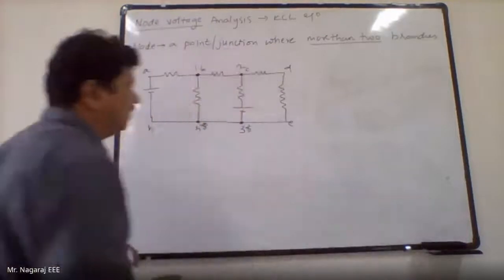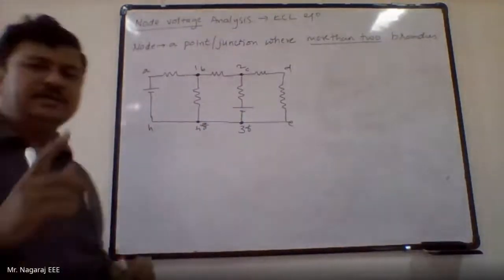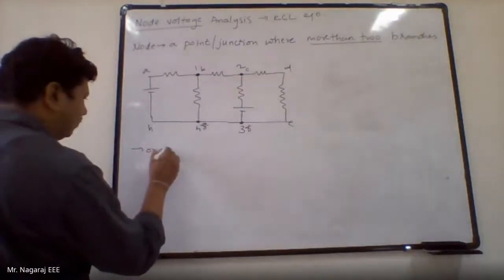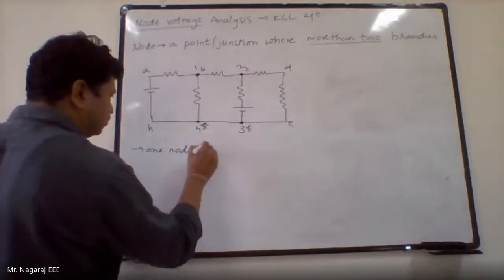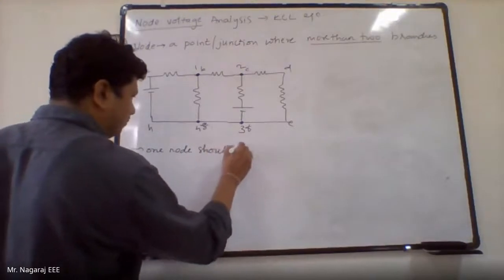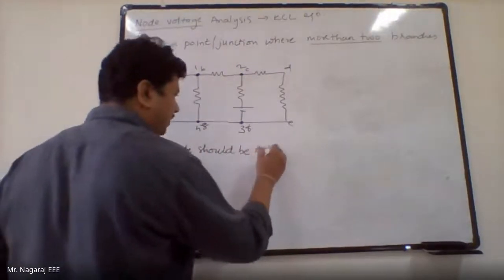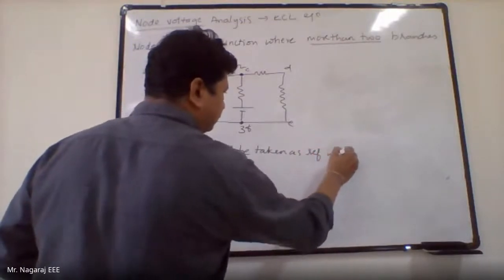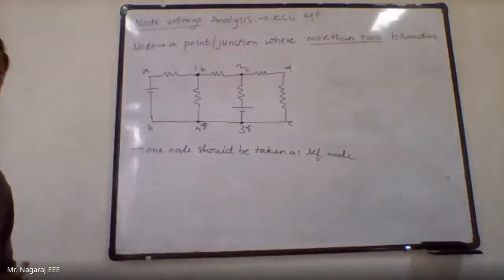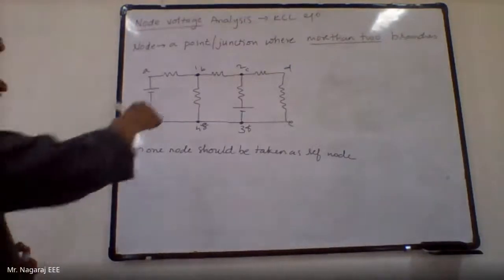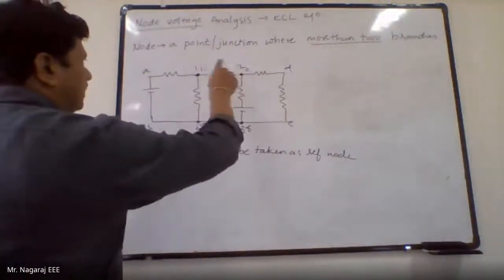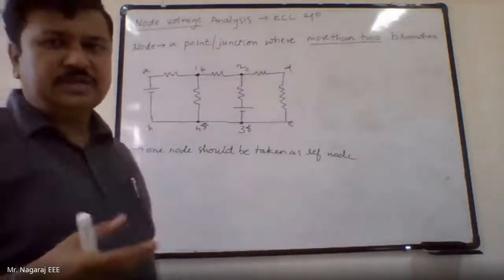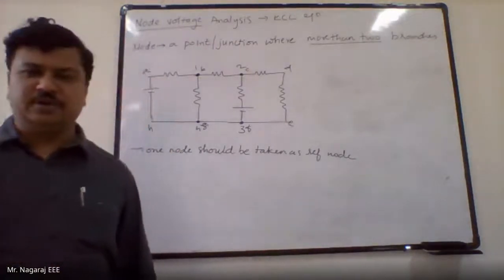One point. Second point, here we have to define one node as reference node. One node should be taken as reference node, because whenever I am defining voltage at node B, node C, or node 1, node 2, that voltage always is defined with respect to some other point.